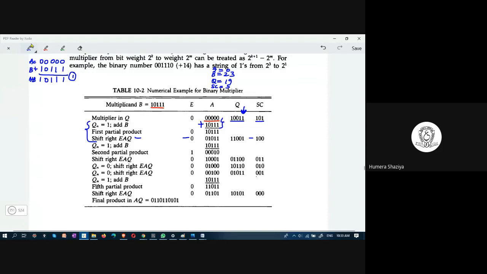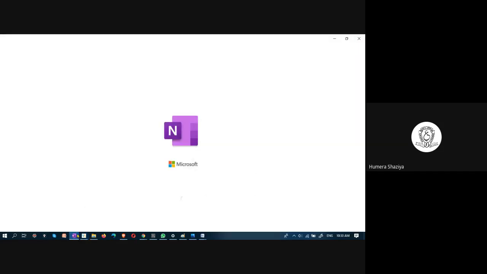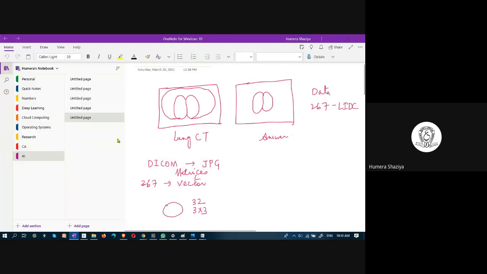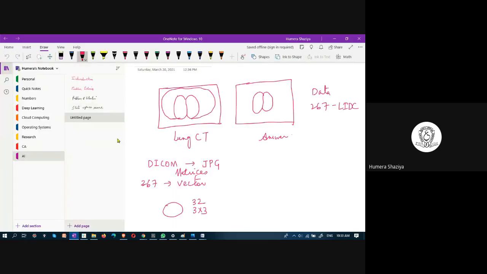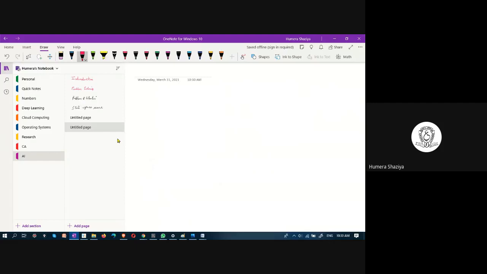Shifting is... otherwise space is not sufficient there. I'll do it here. This is a multiplication.